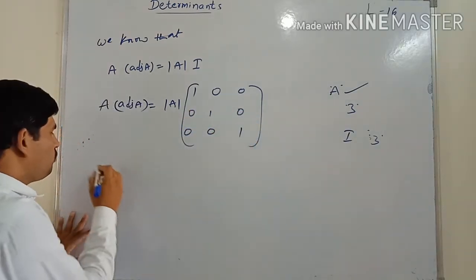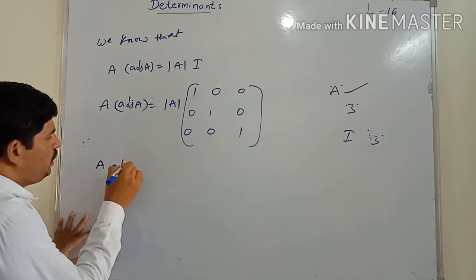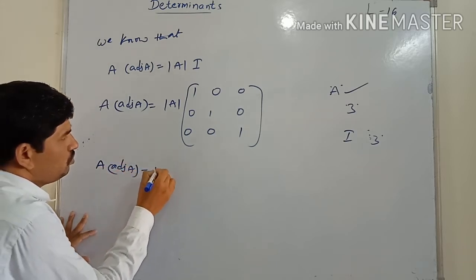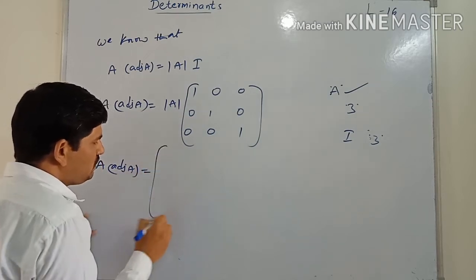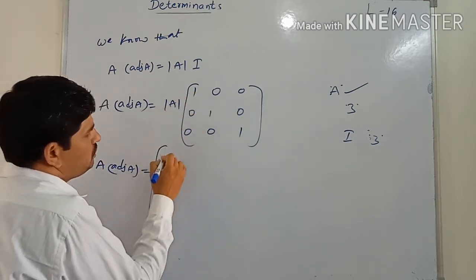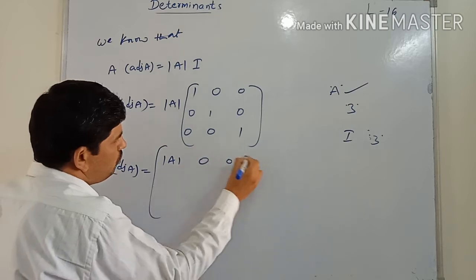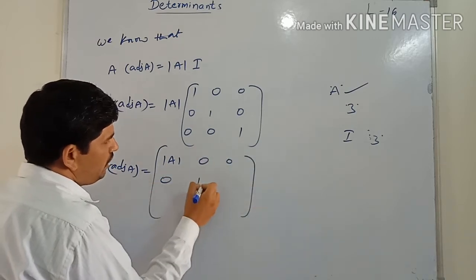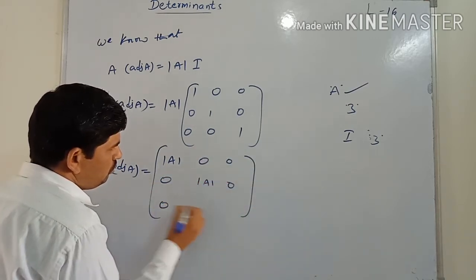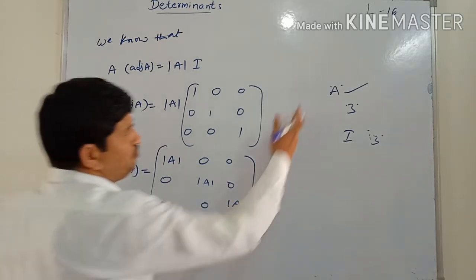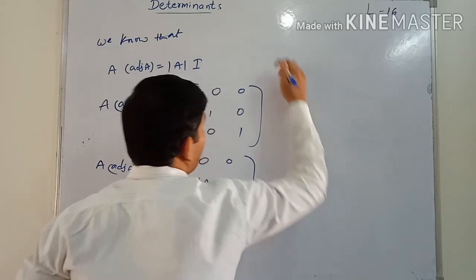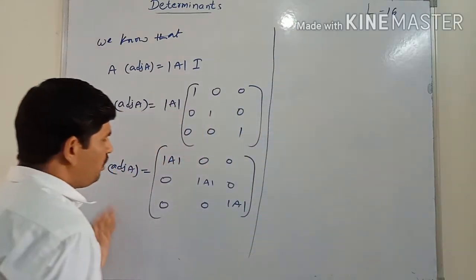After this, A into adjoint A is equal to determinant of A multiplied inside the matrix. So determinant of A into 1 is determinant of A, 0, 0, and 0, again determinant of A, 0, 0, 0, determinant of A. After this, we apply the determinant on both sides.